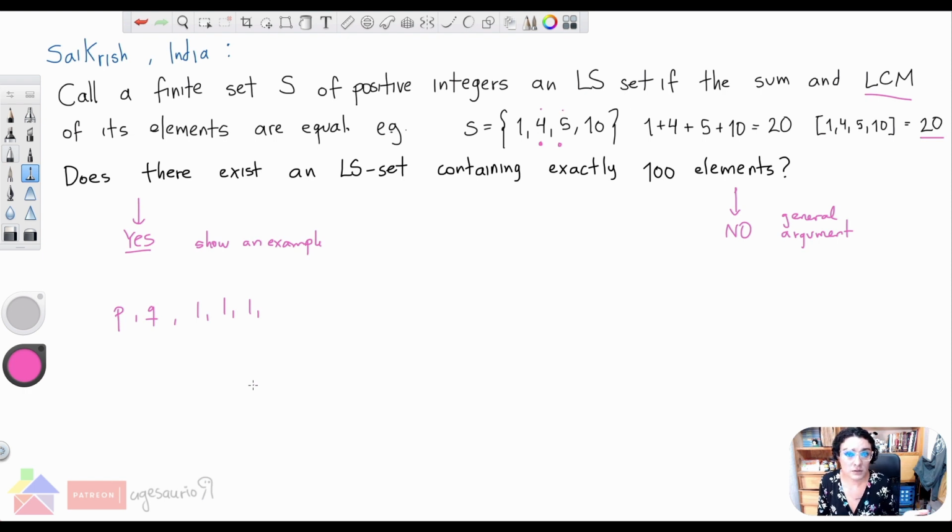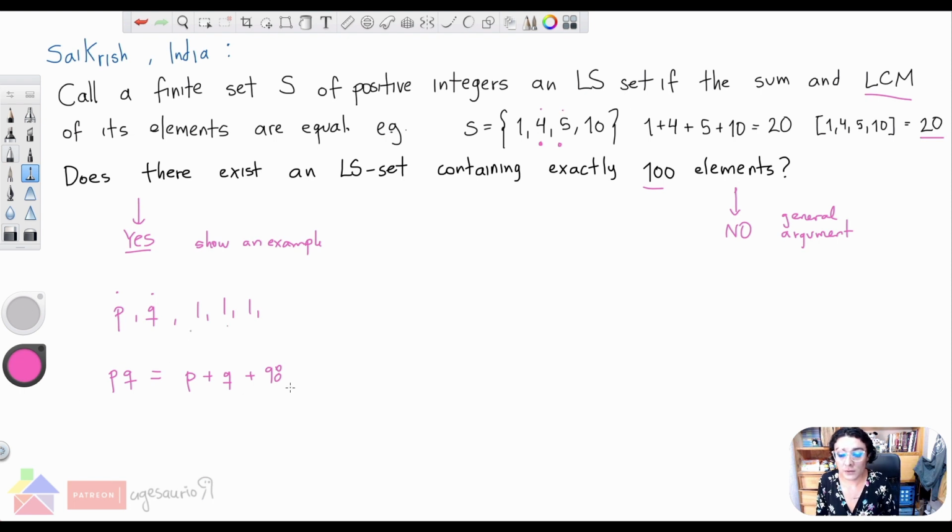So maybe that's the idea. If you choose two elements p and q relatively prime, then p times q, which would be the product and the least common multiple, equals p plus q plus 98, because you have 100 elements and the rest will be ones.